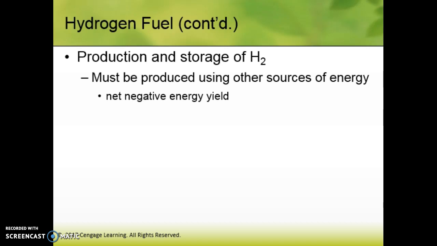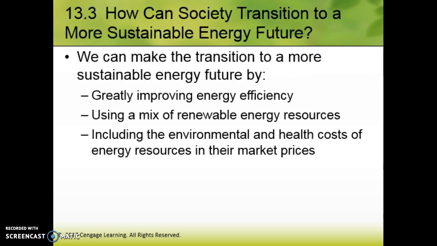So because of that fact, we get a negative net energy, because sometimes we have to produce this hydrogen by burning biomass or by burning coal or something along those lines. So we need to find a way to harvest the energy stored in hydrogen from things like a hydrogen fuel cell that splits water into hydrogen and oxygen, and then recombines it later in the fuel cell.